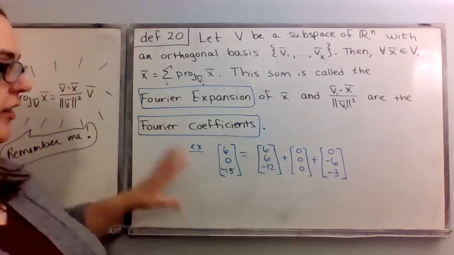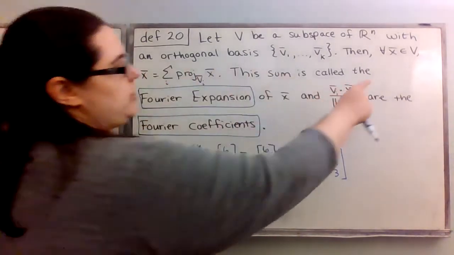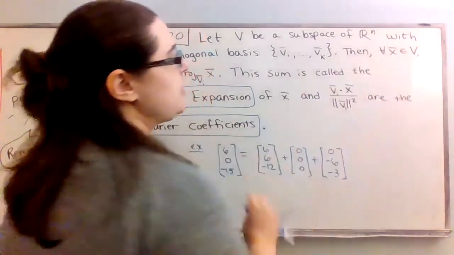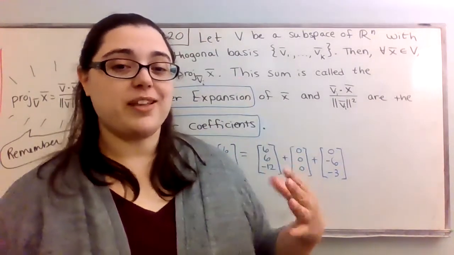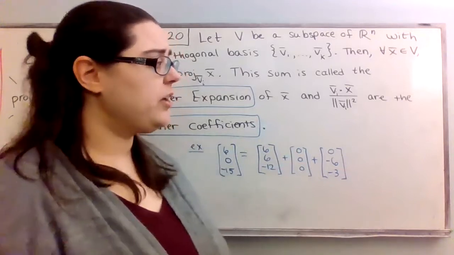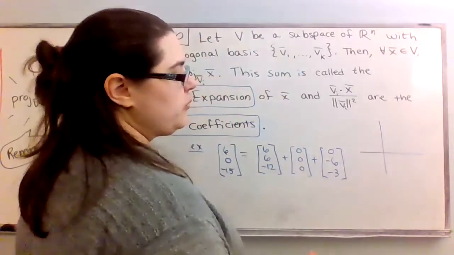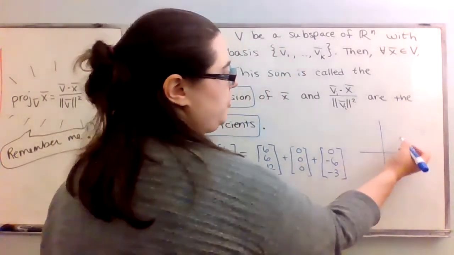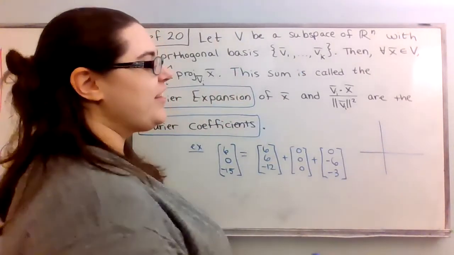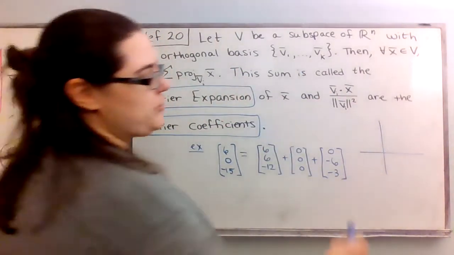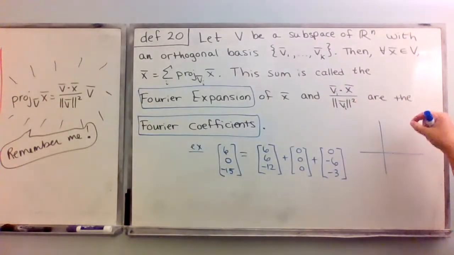So in this definition, in order to have a Fourier expansion, we're taking an element that's in our subspace and projecting it onto its basis. Now, maybe I'm something that's not in the subspace. Let's say I'm a point hovering in R3, I don't know, the point right here.